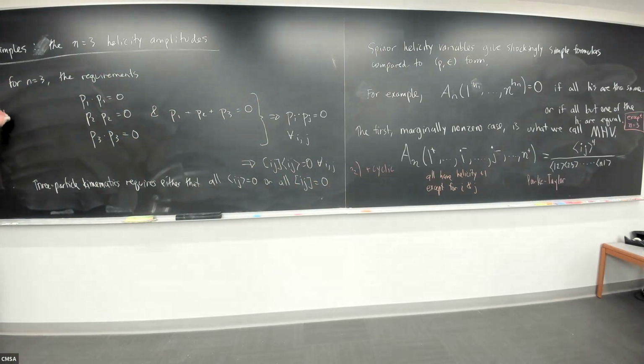So the formulas that I had written previously, like this formula, there's an implicit assumption, this is true in the case where all square brackets are equal to 0, because this formula wouldn't make sense in the case where these angle brackets in the denominator were 0.